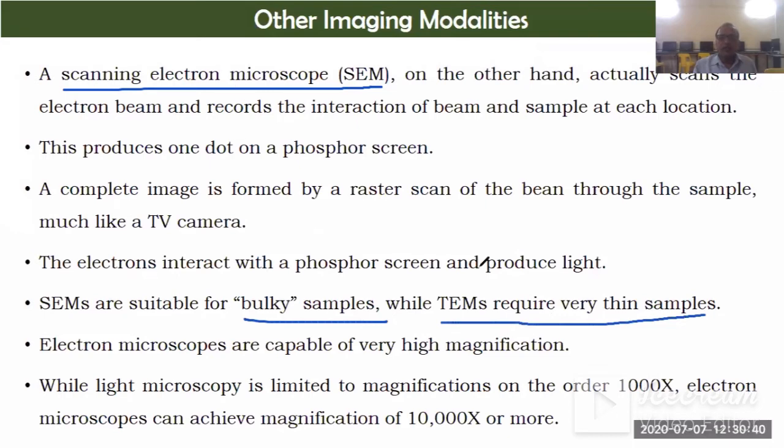So what is the difference between TEM and SEM? TEM is used to directly transmit and enlarge the slide, and that slide will be a thin slide, whereas the SEM is used for bulky samples. Electron microscopes are capable of very high magnification. A simple light microscope magnifies the image 1000 times, whereas an electron microscope will magnify the image 10,000 times.